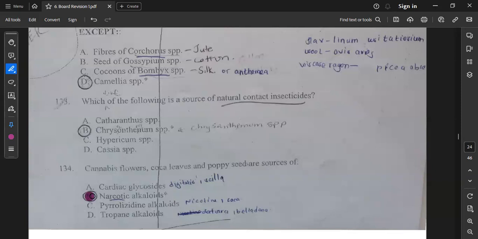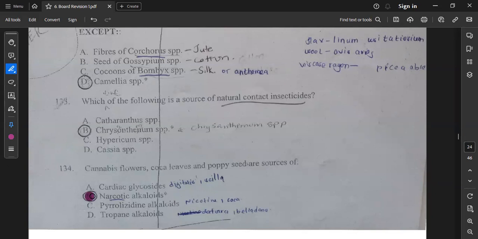133. Which of the following is a source of natural contact insecticides? Catharanthus? No. Chrysanthemum, Hypericum, and Cassia. Catharanthus is anti-cancer. Hypericum, we've said it's antiviral, and we know for sure it is antidepressant.